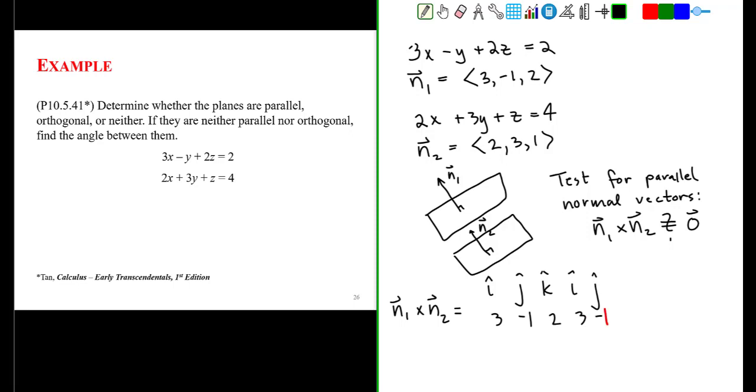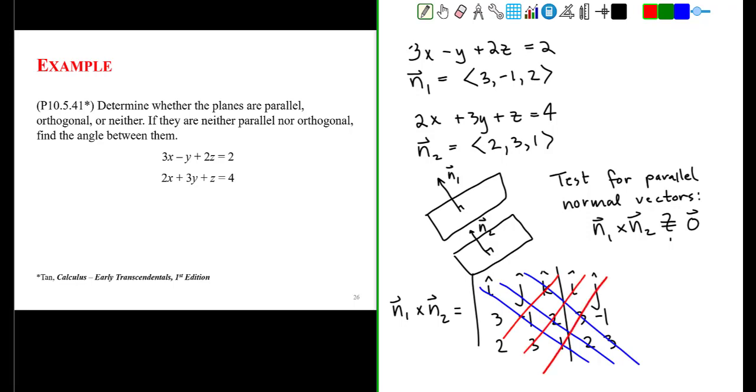And for the second vector, this will be in the third row. The second vector has components 2, 3, 1, 2, 3. We will take products that are diagonally down and to the right and subtract products that are diagonally down and to the left.